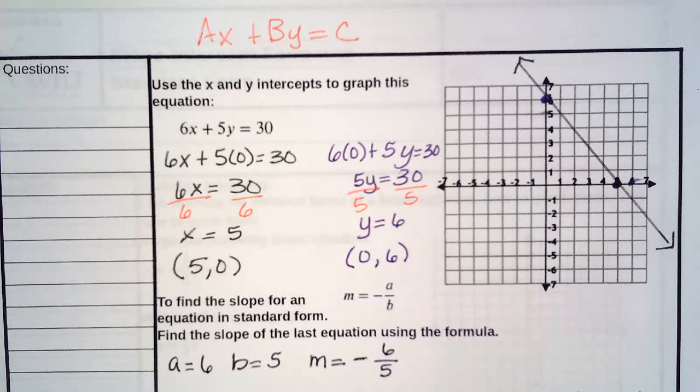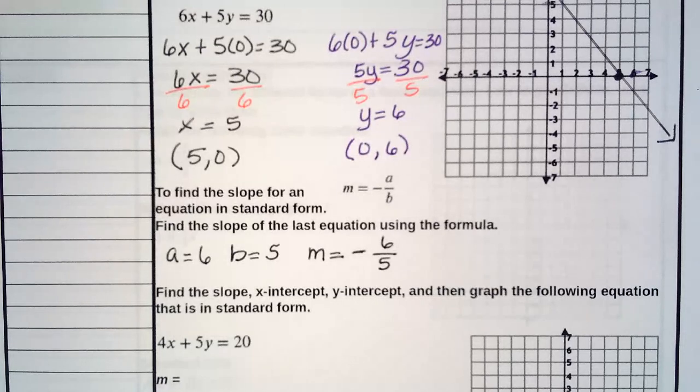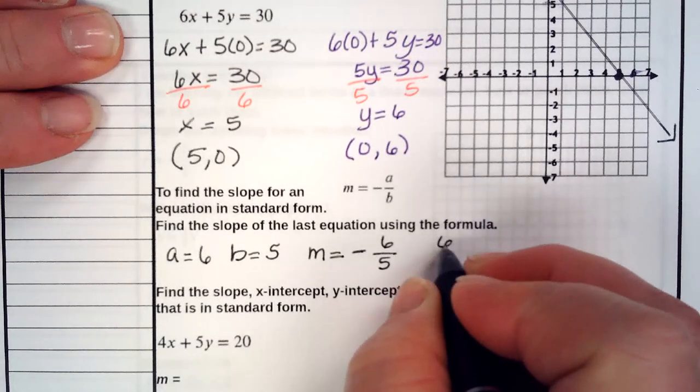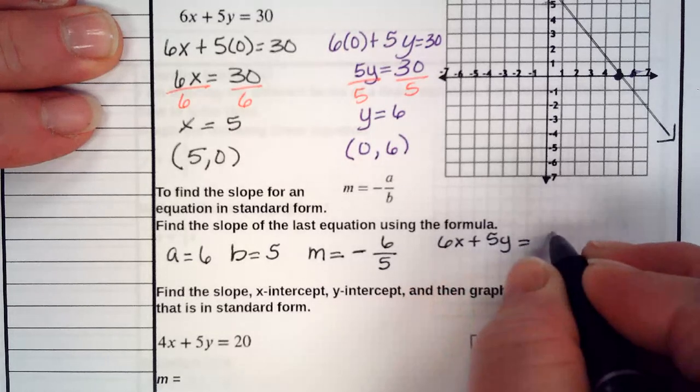Okay, let's say you can't remember that formula. What else could you do to be able to find the slope? Well, you could graph it and then look at the slope. Or you could convert from standard form into y-intercept form. You could take 6x plus 5y equals 30.